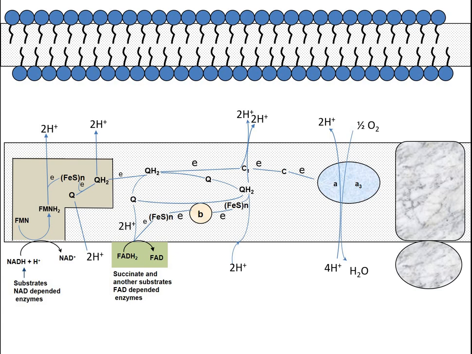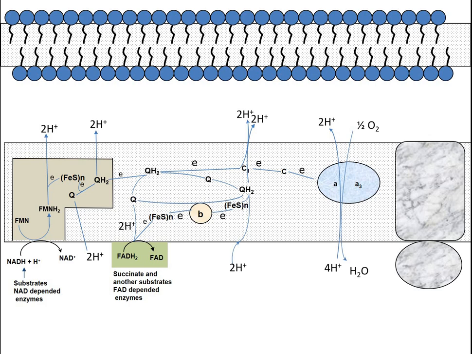As we see, protons and electrons move spontaneously from the first to the fourth respiratory complex. As a result, the inner side of the mitochondrial membrane becomes poor in protons, and the outer side becomes rich in protons.